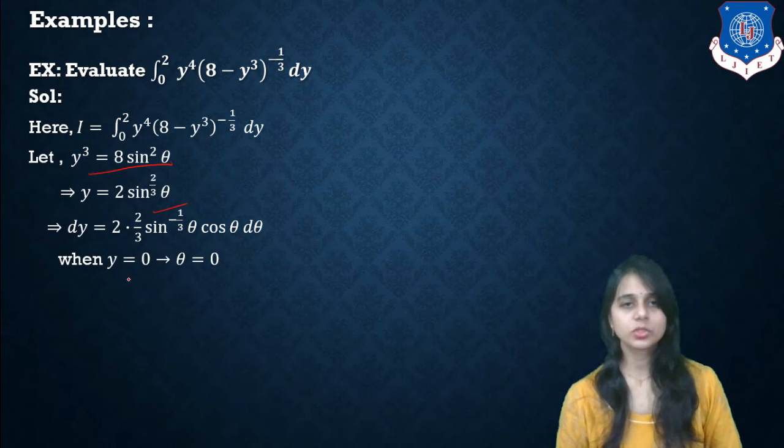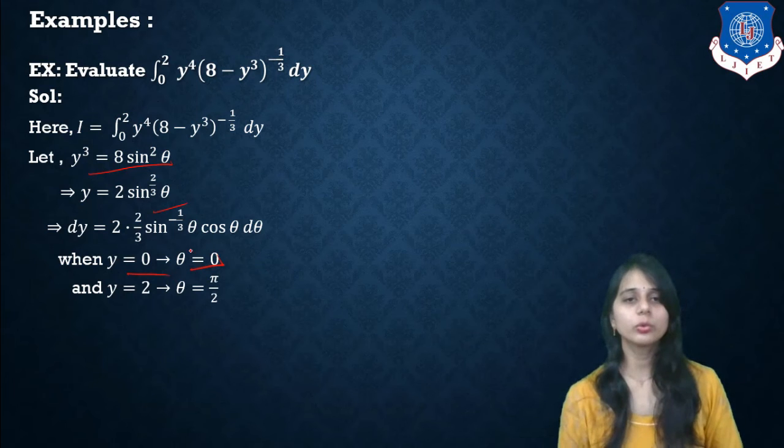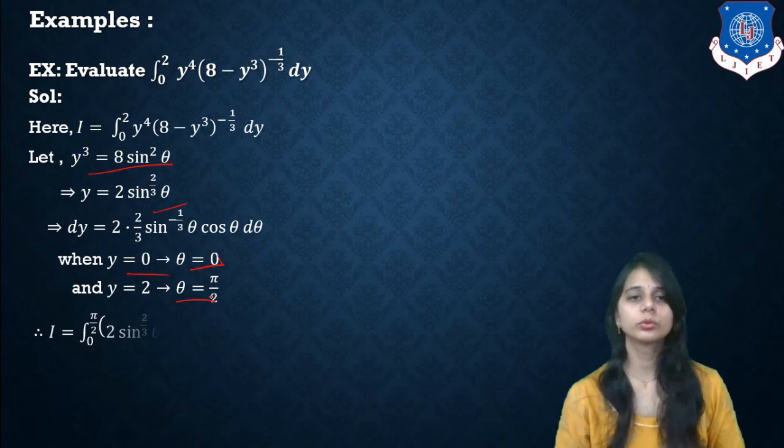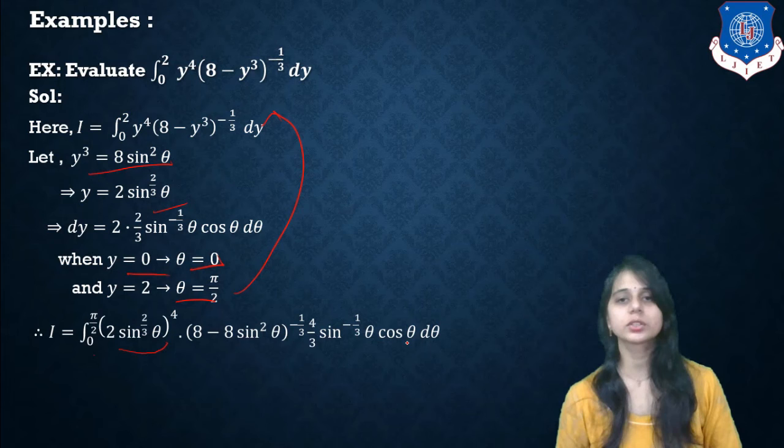If y equals 0, theta equals 0, and if y equals 2, theta equals π/2. Put all the values in these equations.